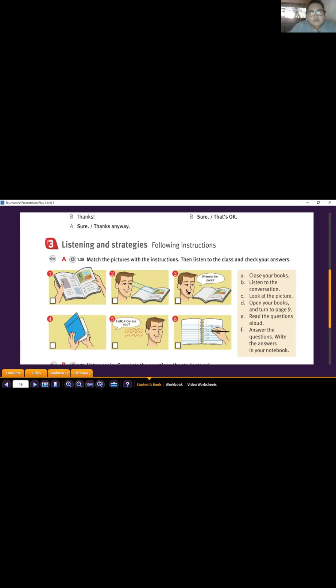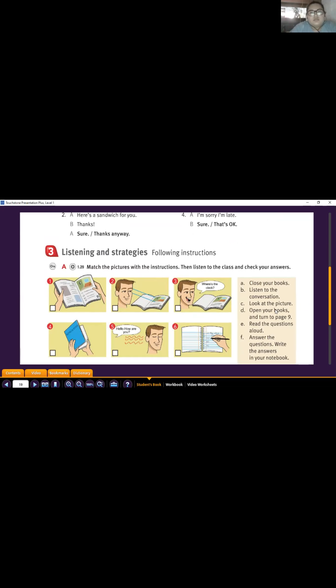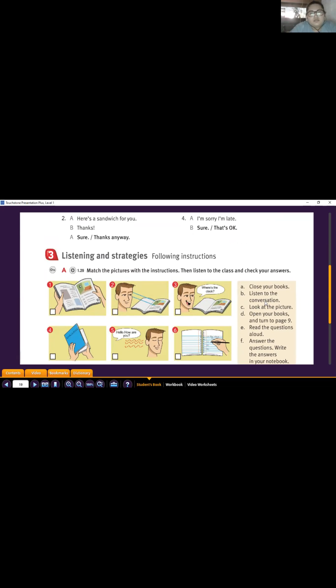Next to the pictures, you have a chart with some instructions from letter A to letter F. These are instructions that you will hear in a real classroom.